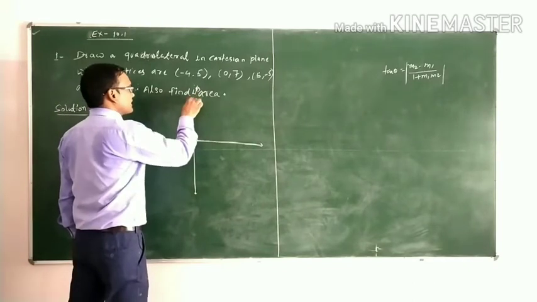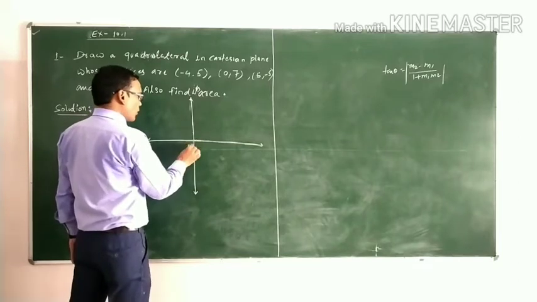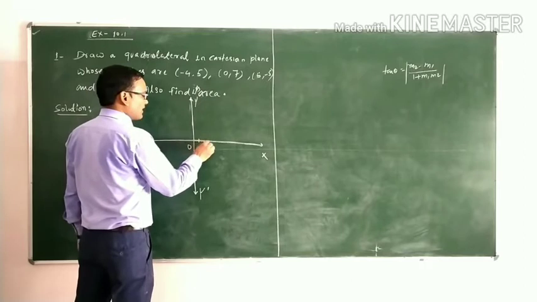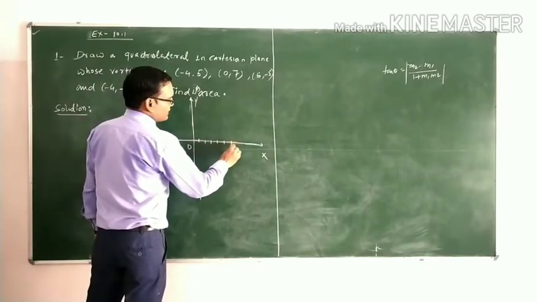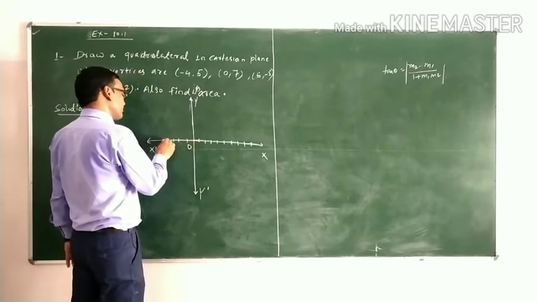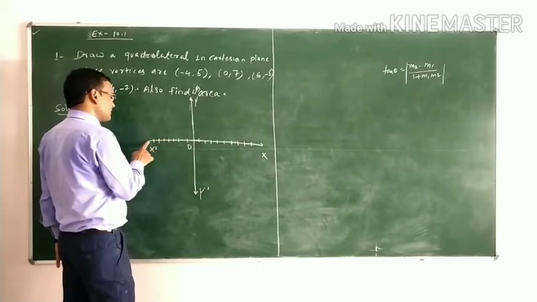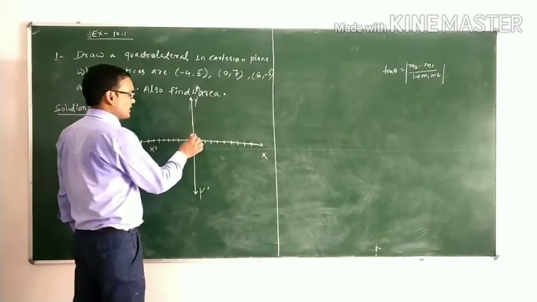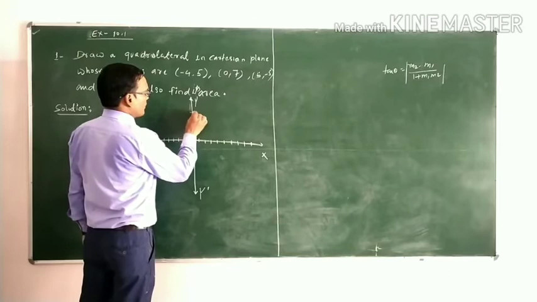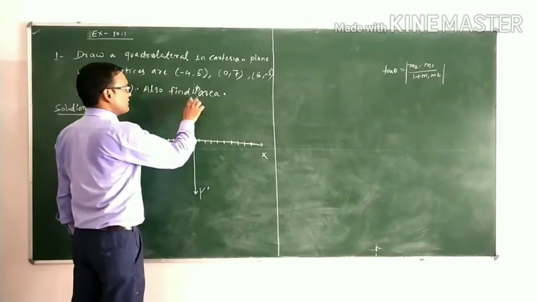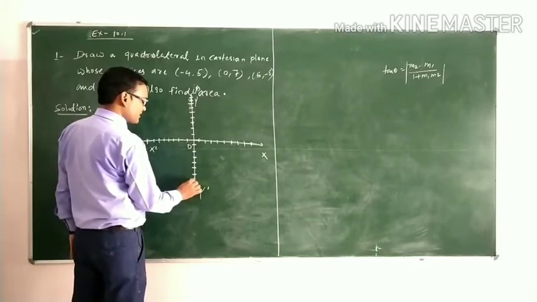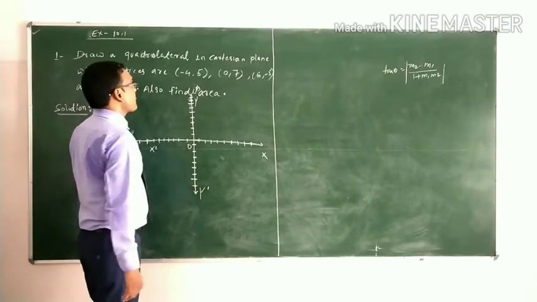Here we form a Cartesian plane: O, X dash, Y dash, 1 2 3 4 5 6 7 8 9, minus 1 minus 2 minus 3 minus 4 minus 5 minus 6 minus 7 minus 8 minus 9, and on the y axis 1 2 3 4 5 6 7 8 9, minus 1 minus 2 up to minus 8, and so on.